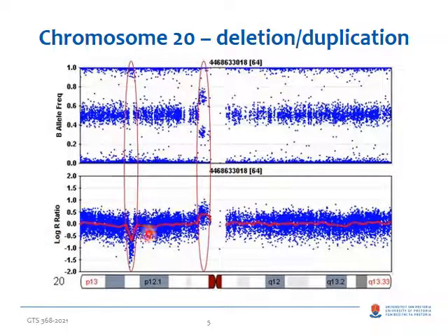The deletion is indicated with the log-R ratio less than 0 and loss of heterozygosity, whereas the duplication is indicated by an increase of the log-R ratio above 0 and splitting of the heterozygote clusters in two.